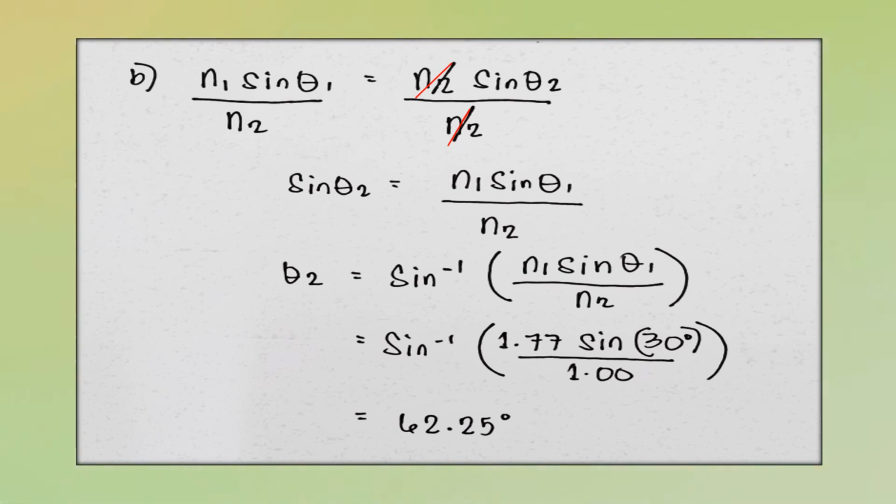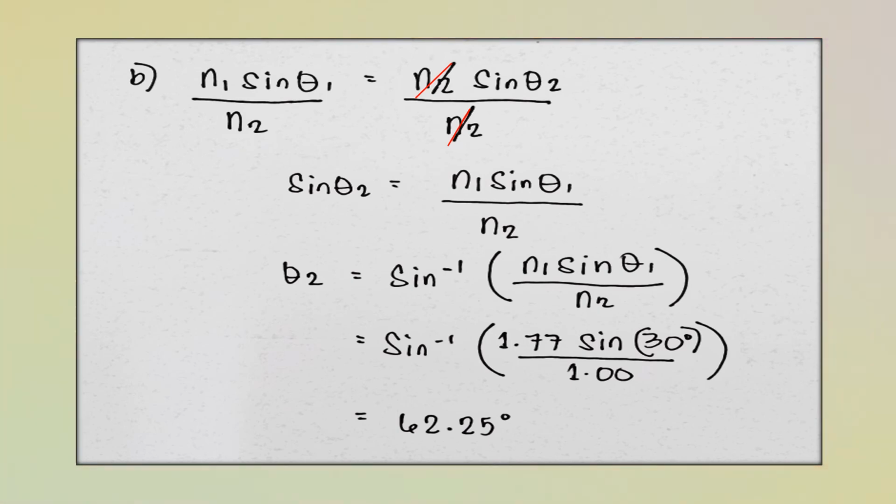And to get the refracted ray, we have the inverse sine of n1 sine theta 1 divided by n2. So the value of our n1 is 1.77, sine 30, which is given in the problem, divided by the refracted ray, which is equal to 1.